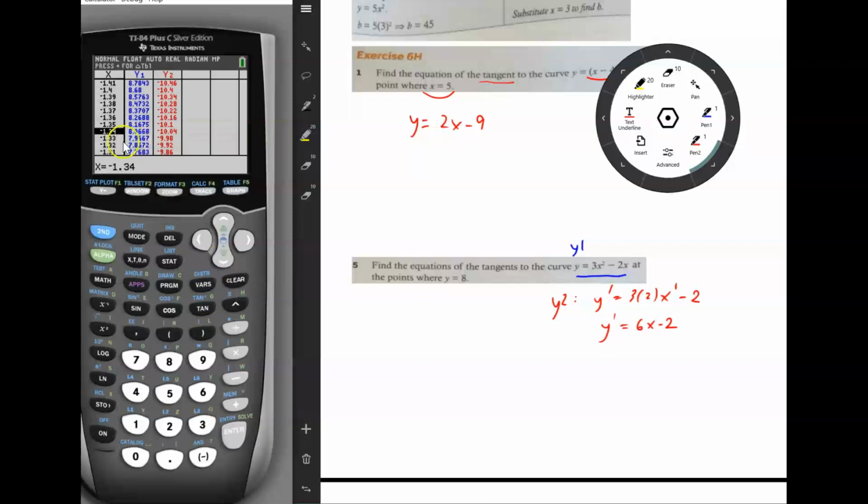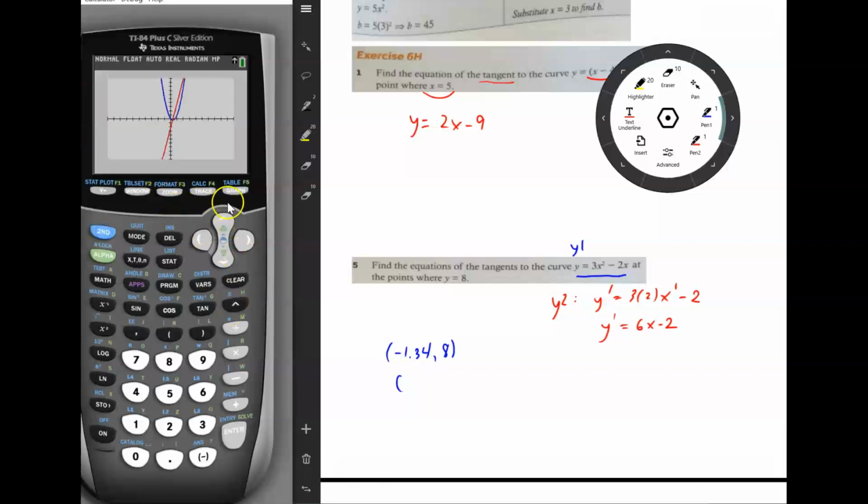So it looks like negative 1.33. One of my x values is going to be negative 1.34, comma 8, right? And the other one is going to be down there.